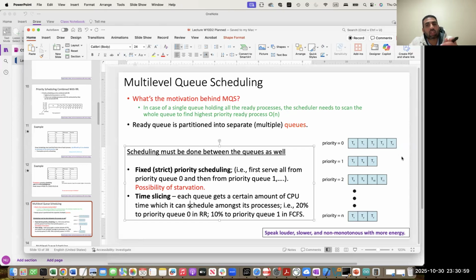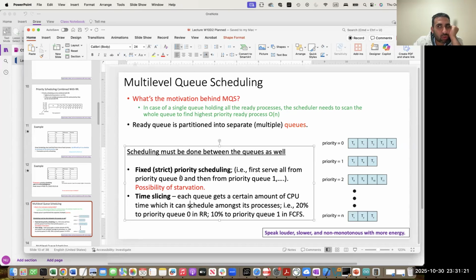So the scheduler will spend 20% of the time on scheduling the processes from priority level 0, and then let's say we assign 10% time to the priority queue in FCFS, right? So again, there are two levels of scheduling happening here. One is how the decision is made in picking the processes from different queues.